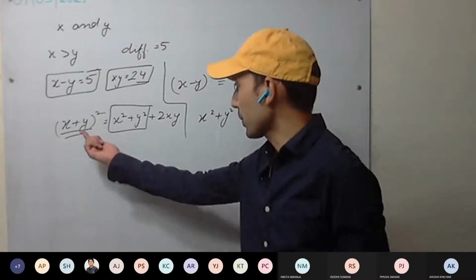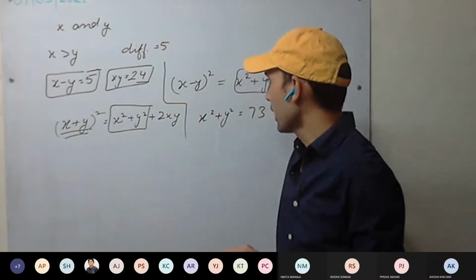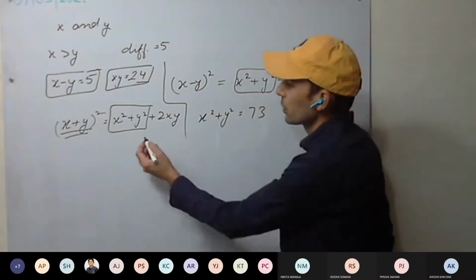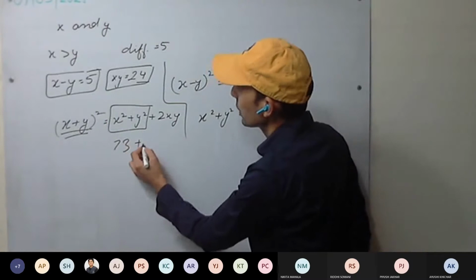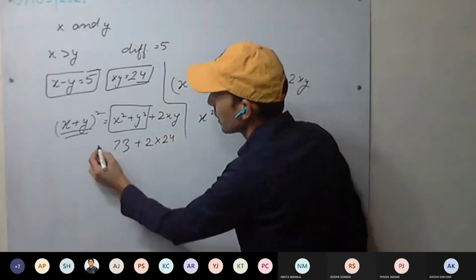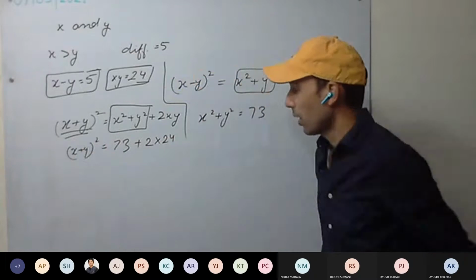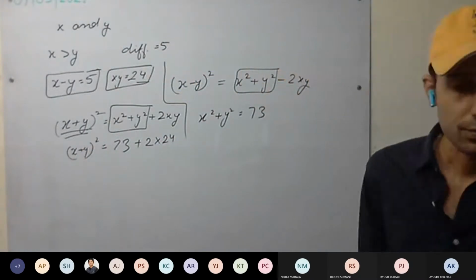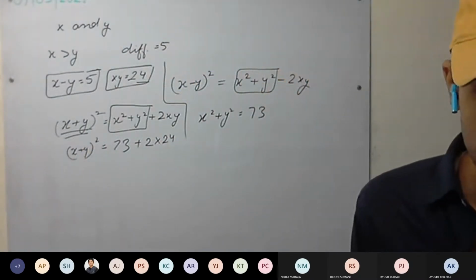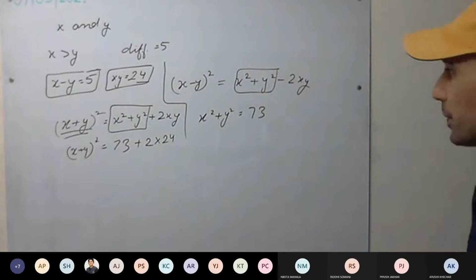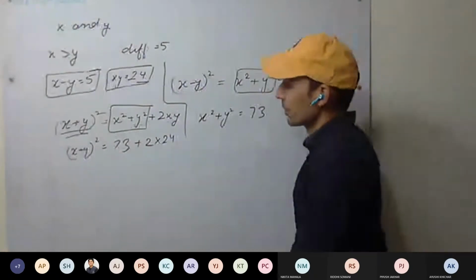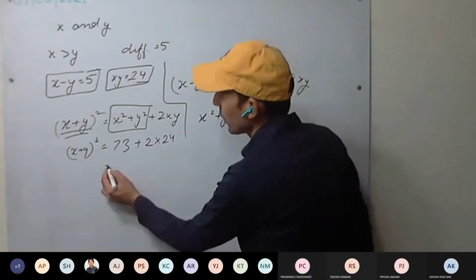Now calculate the value of x plus y the whole square. Put it here and calculate: 73 plus 2 into 24. This is x plus y the whole square. How much are you getting? 121.